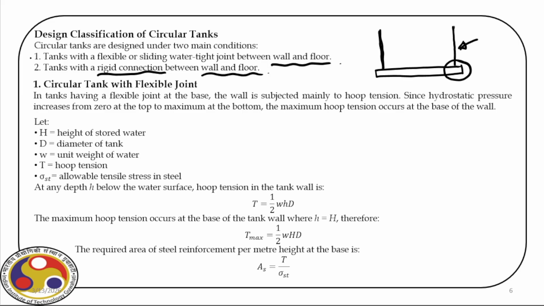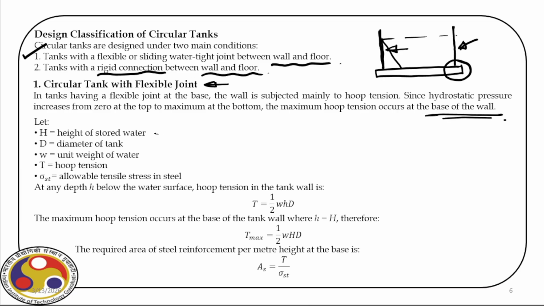Now let us consider the first option where we have a circular tank with flexible joint. Now for this type of tank, obviously it will experience hoop tension, and at the same time hydrostatic pressure increases from 0 at the top and gradually increases to its maximum at the bottom. And the maximum hoop tension occurs at the base of the wall.